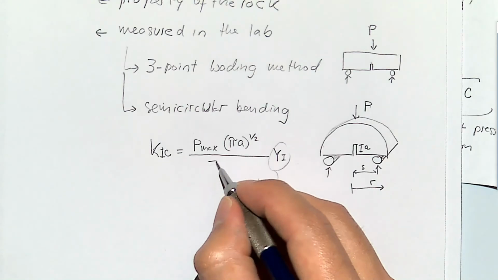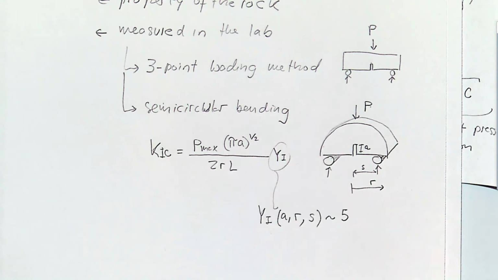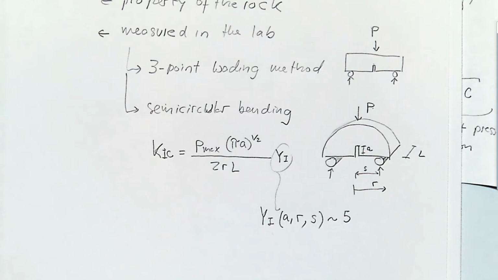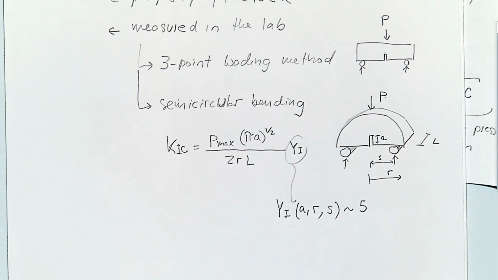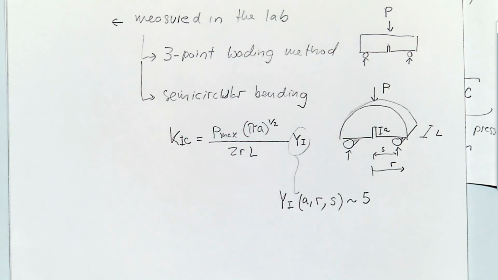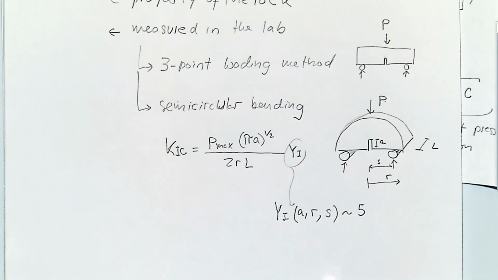And this one divided by 2RL, where L is the width of the sample. So the long story short, you can measure this in the laboratory and you can use it to know if your fracture is going to propagate or not.